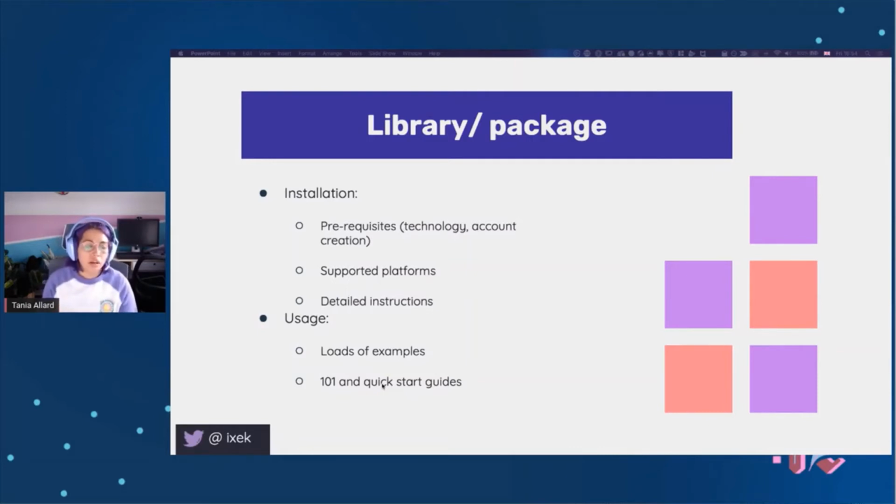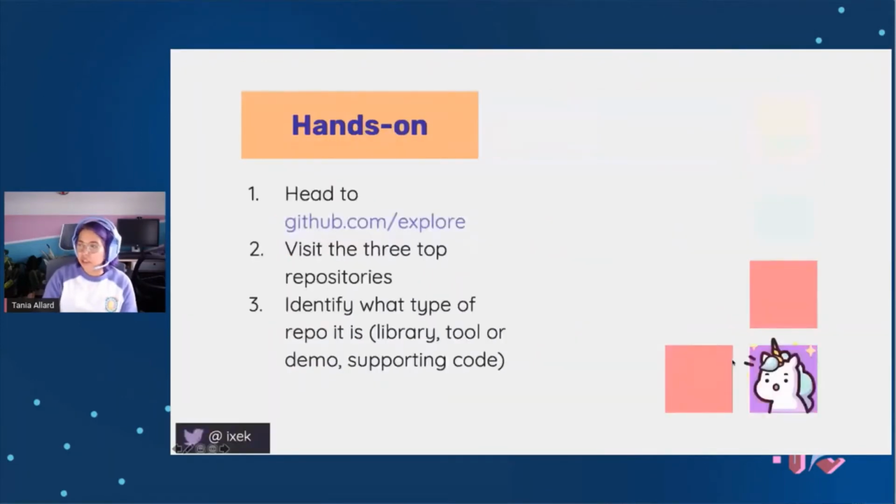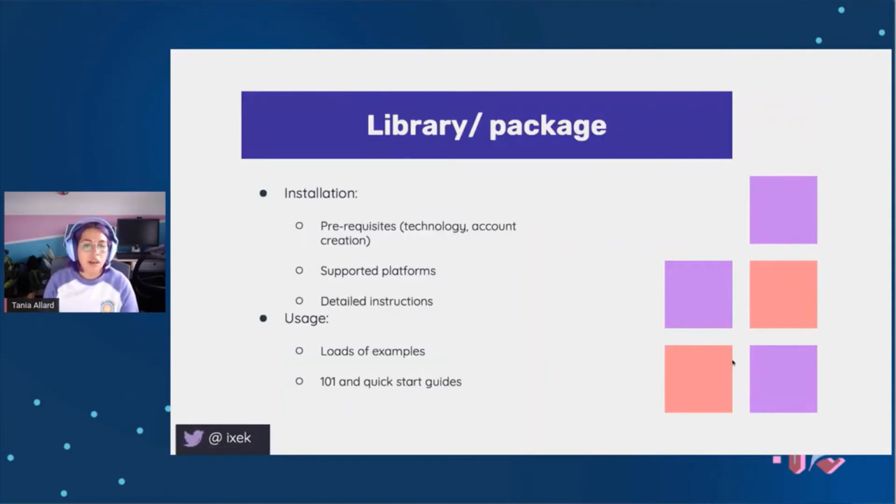Also provide context on what supported platforms there are. Be very specific. We support Windows, Linux, Mac OS, or only this distribution of Linux, because that also makes it very clear to those folks that are using non-traditional or less commonly used platforms, so that they can go and look for alternatives to your package.